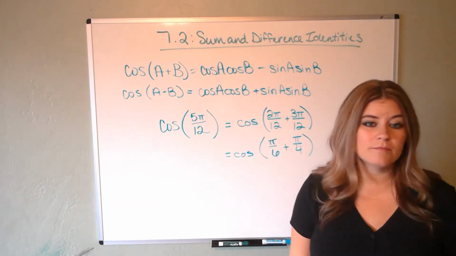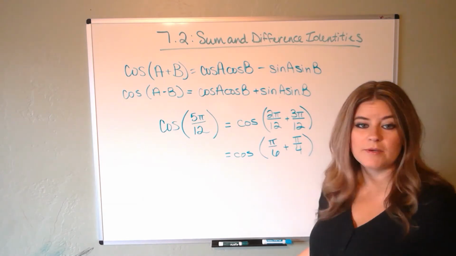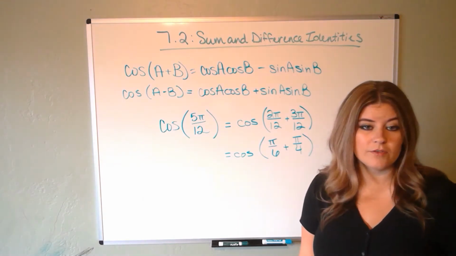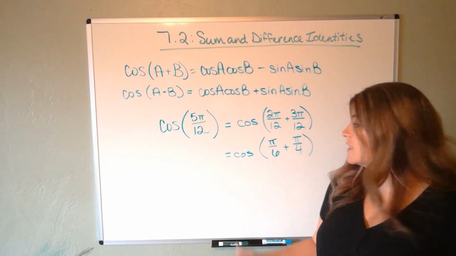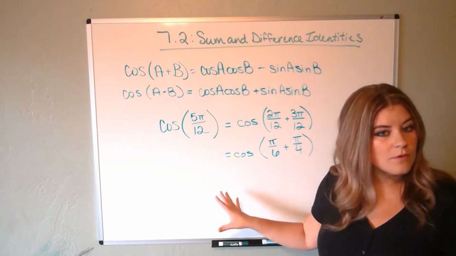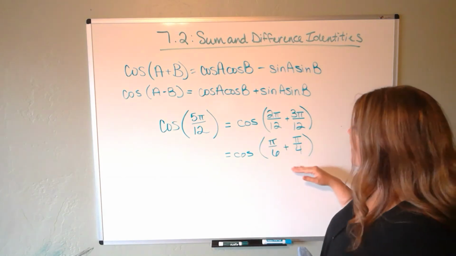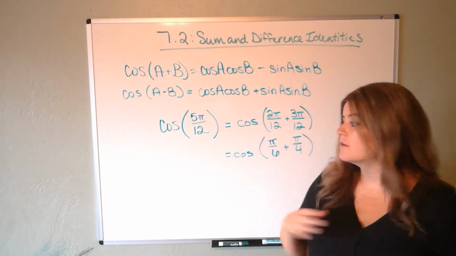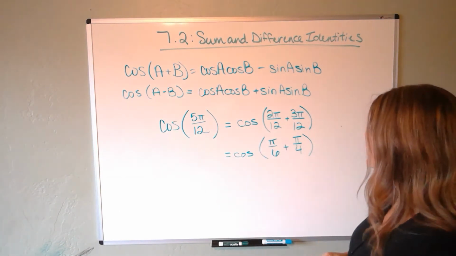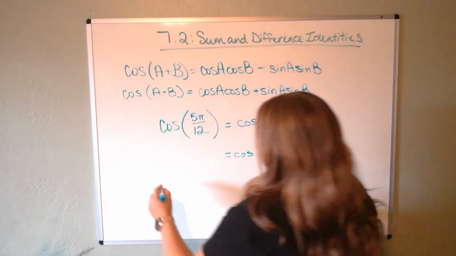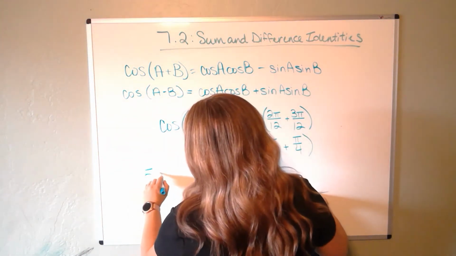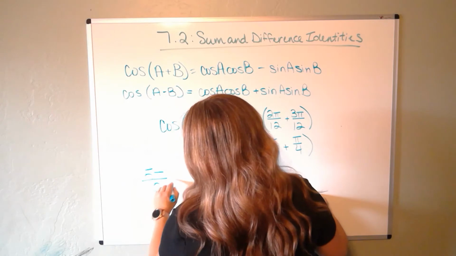What's another option, guys? If you don't like radians, can't you just convert it to degrees? Your answer has nothing to do with degrees or radians, right? Your answer is just numbers. So I don't care either way. You could take the 5 pi over 12 and work it out. How do I convert from radians to degrees?